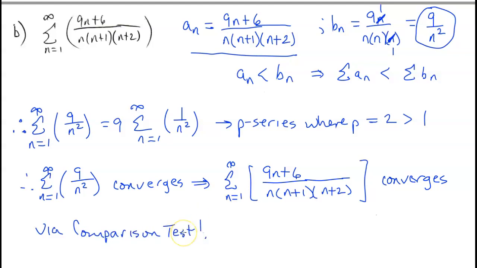Okay, and that's all there is to it. So we're going to go ahead and move on to the next example, but hopefully now you're starting to see how we analyze these series to be able to get a comparison sequence to form a series out of that, and then use that to help us figure out if it's going to converge or not.